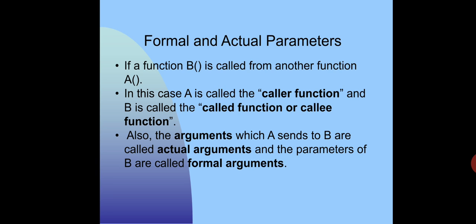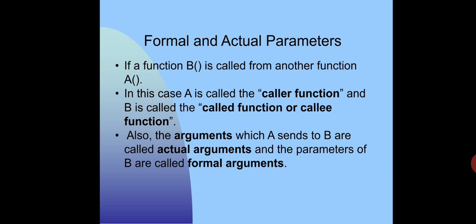There will be the a function and that a function will call the b function. In this case, a is called the caller function because a is calling the function b. Then what will b be? B is called the called function or callee function.